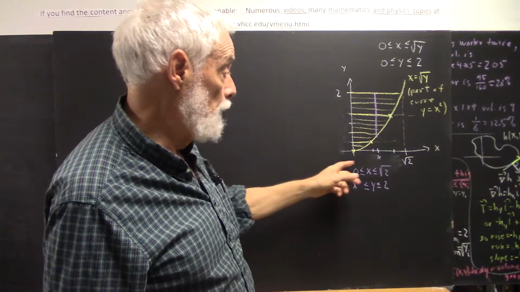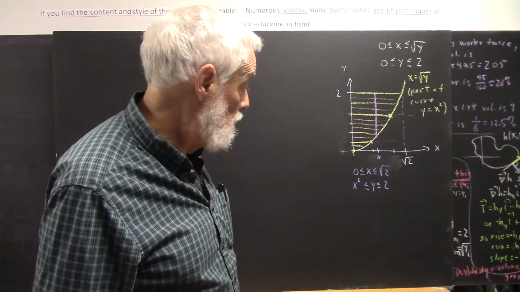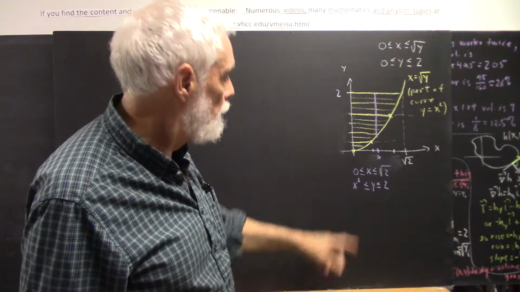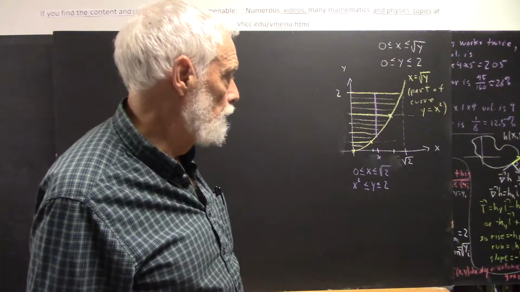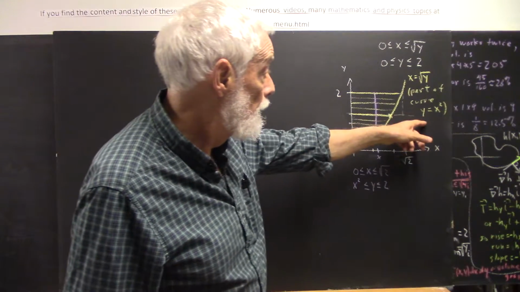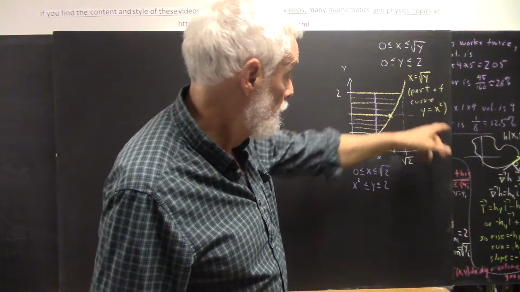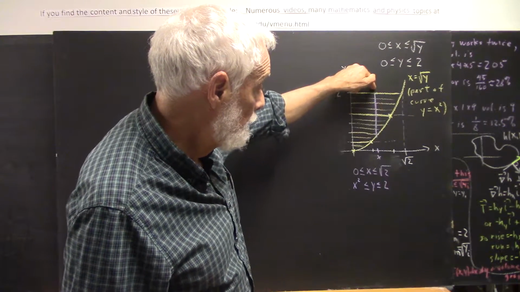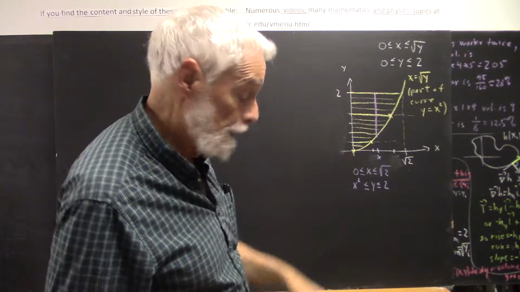If you want to express it in terms of fixed limits on x, then you're going to do this sort of thing. You're going to use y as a function of x. You're going to turn this around to this, and that's going to tell you the minimum and maximum values of y in terms of x.